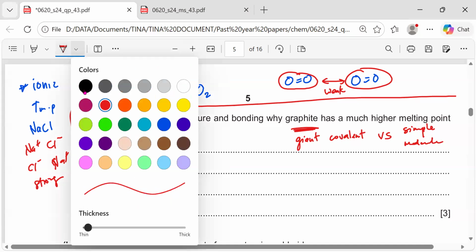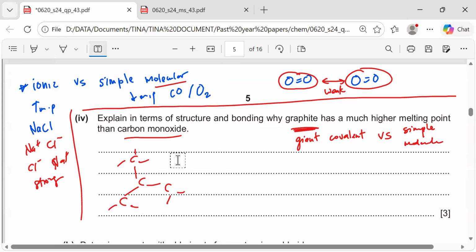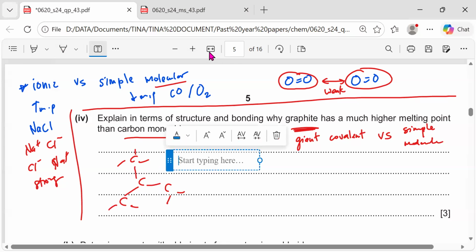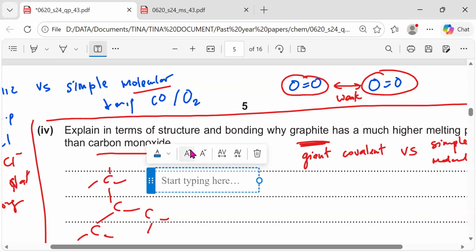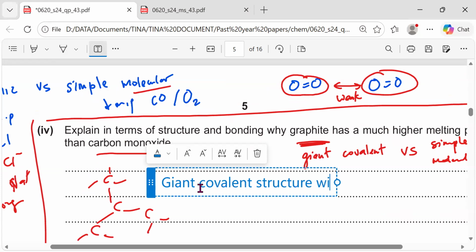So your answer includes: graphite is, usually what I write is, giant covalent structure with many strong bonds, or with many strong covalent bonds.